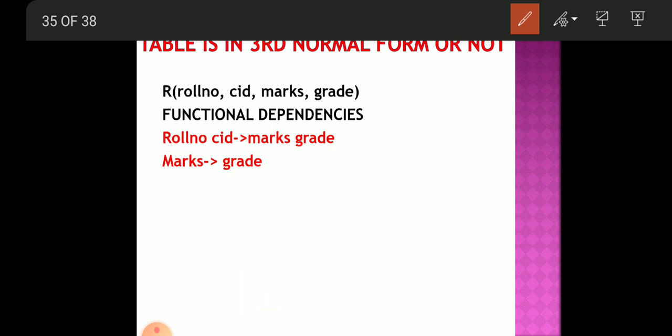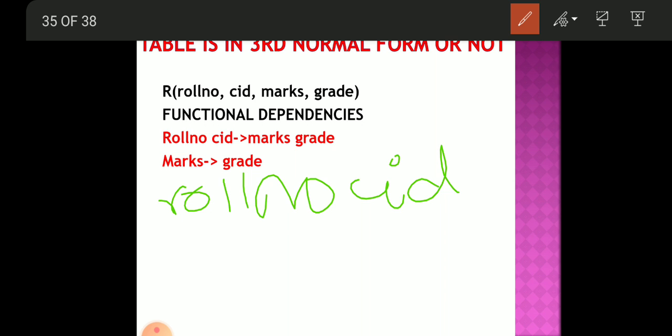If we have the candidate key roll number and CID and want to check whether further candidate keys are available, then we have to check whether any attribute of the candidate key is present in the right hand side of any functional dependency.